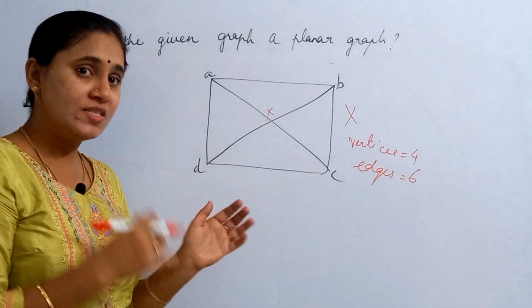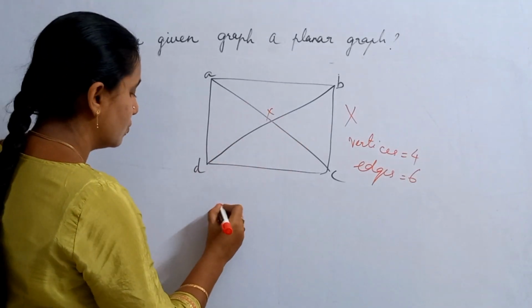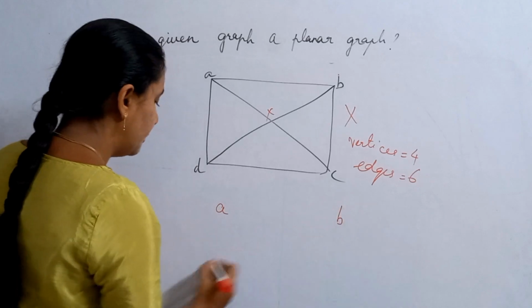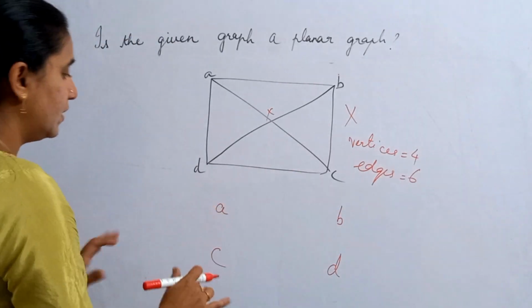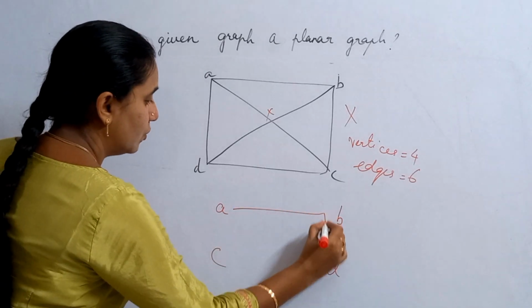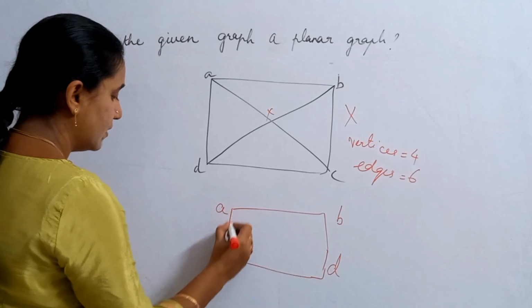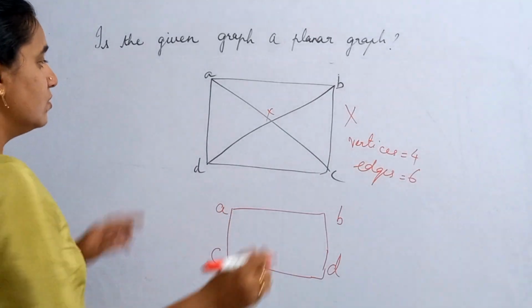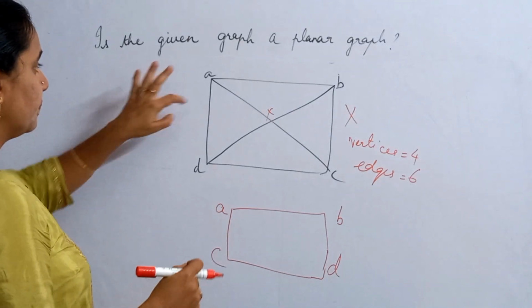Now I am going to change it. Place this graph as it is: A, B, C and D. I am just placing it as it is. Now you join, because these edges are not having any problem, so join as it is. These two edges are having the problem. How can I change it?